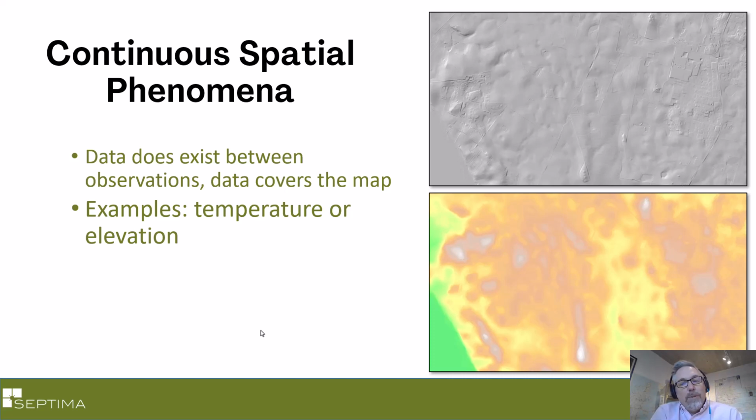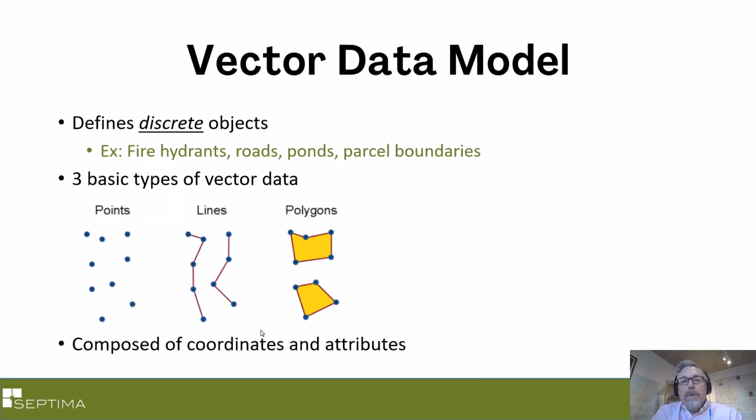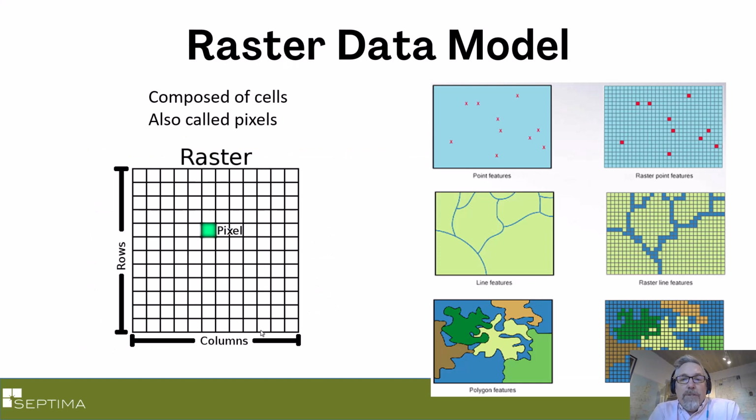But of course, you could also represent elevation as a vector data set, showing it as contour lines. However, I think most people would agree that a raster data format is better for elevation than the vector equivalent.